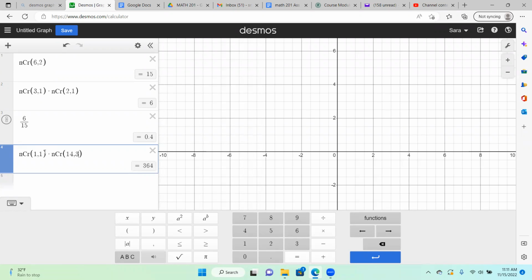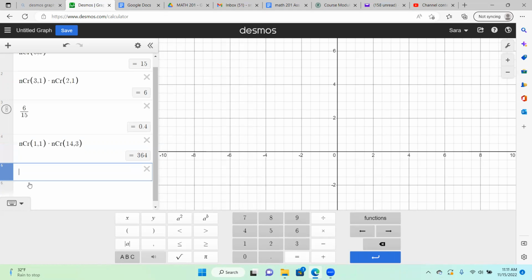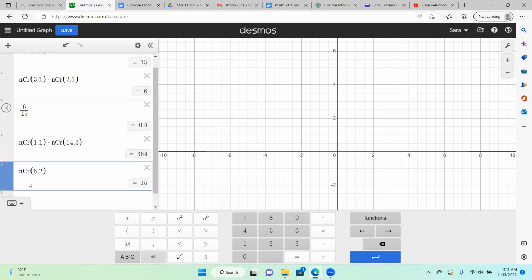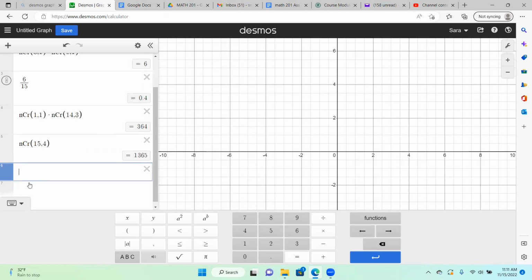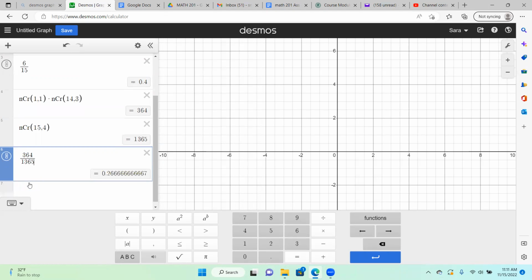So there's 364 ways that I can choose the specific people that I want out of the 15 choosing 4, 1,365. So we have 364 divided by 1,365, and we get the probability is 0.267.